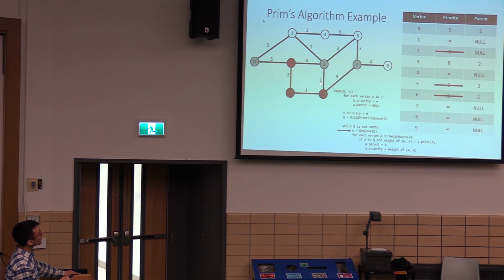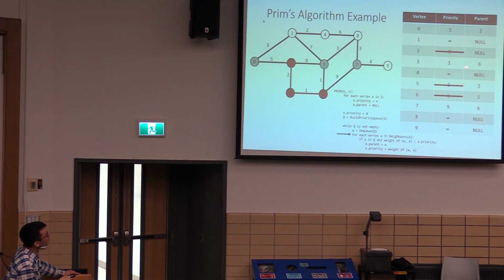So since 1 is smaller than 8, I am going to set that equal to the new weight, which is 1. And of course, since now I traveled to 3 from 6 instead of 2, I'm also going to change its parent accordingly to 6. Previously it was 2, so this guy. Now it changes to 6 over there.